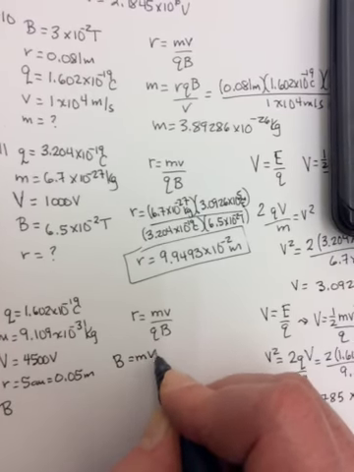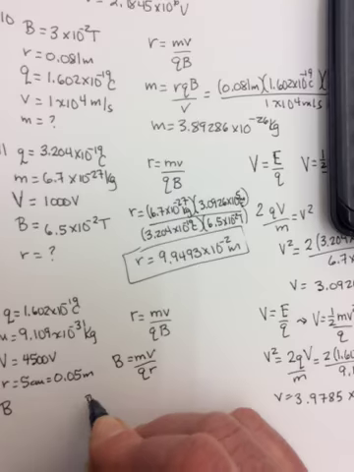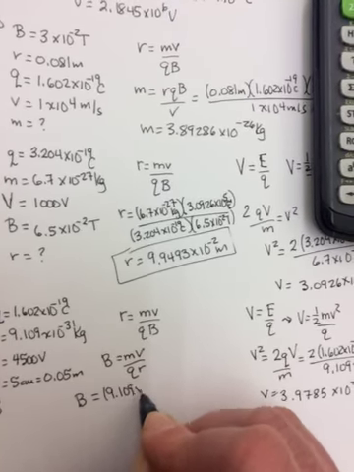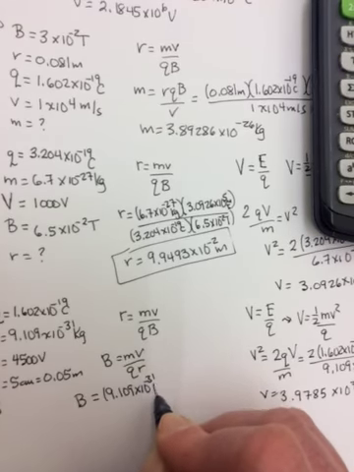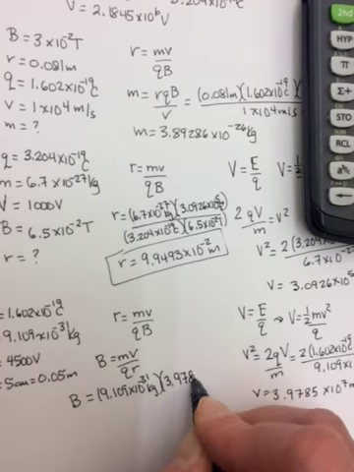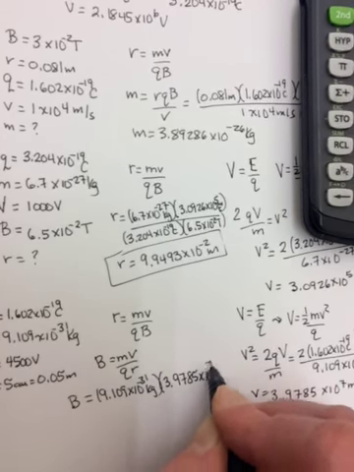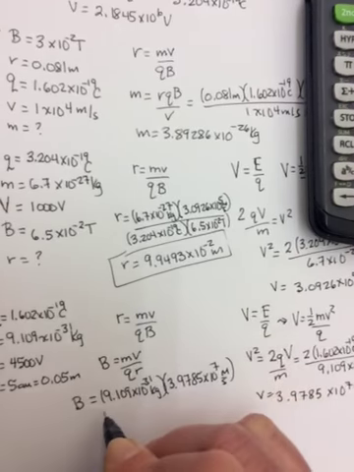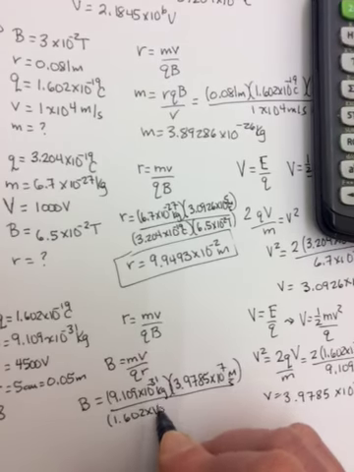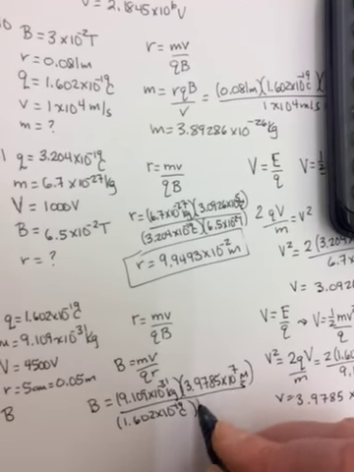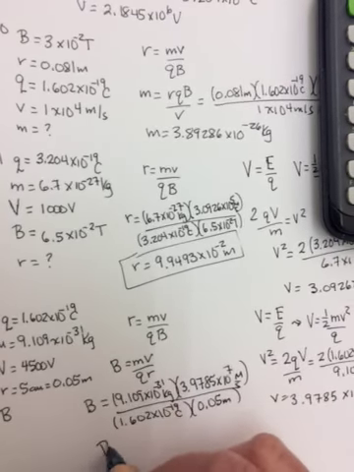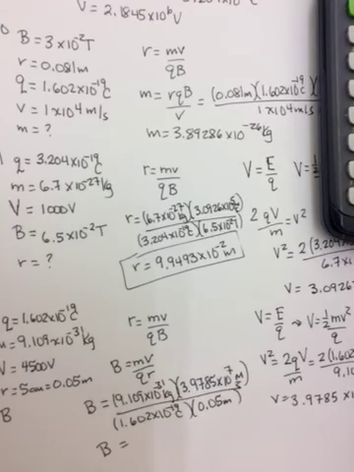It'll be mv over qr. So B will be equal to M, which was 9.109 times 10 to the negative 31 kilograms, times the speed, 3.9785, but of course you kept all your decimals in your calculator, divided by 1.602 times 10 to the negative 19 coulombs, and your R, 0.05 meters. Don't forget to change it from centimeters.